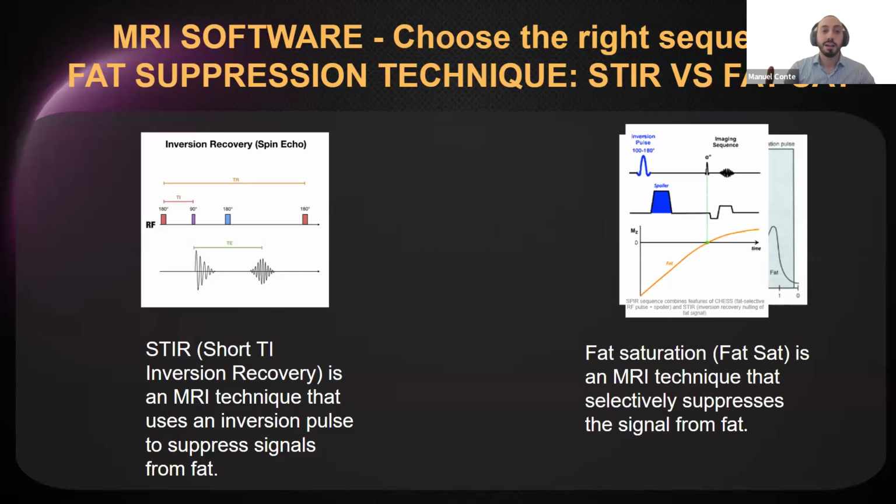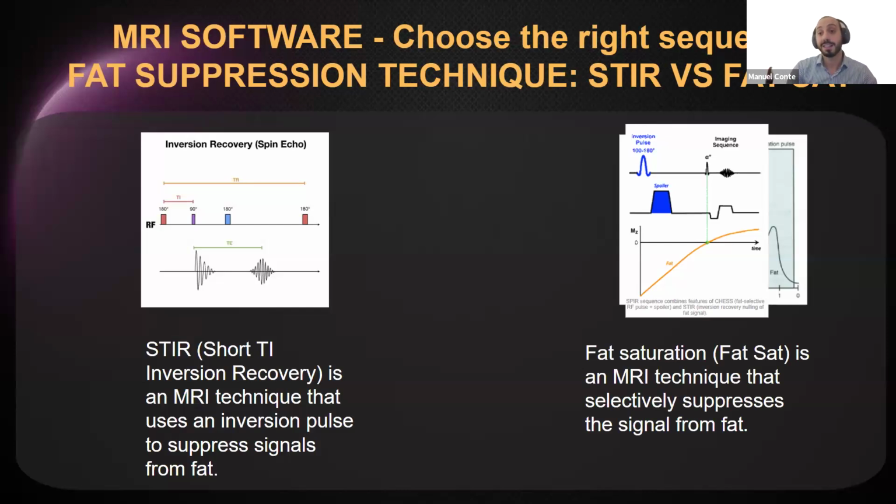In the STIR sequences, there is low SNR, but they are much more robust when we talk about metal artifact, and they are more independent from B0 and B1.